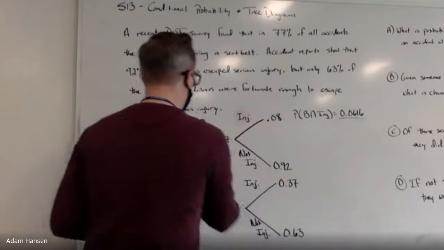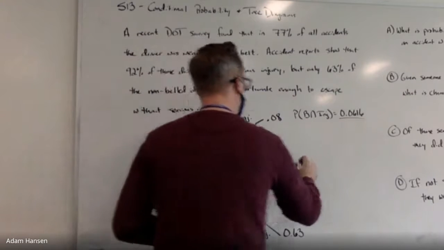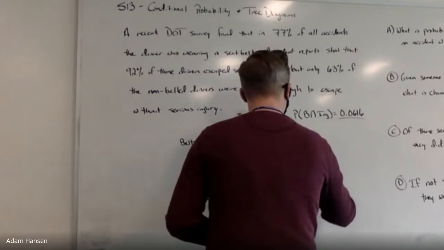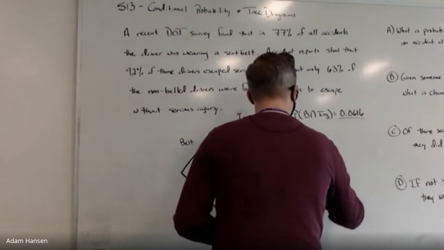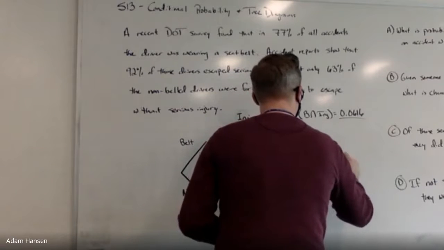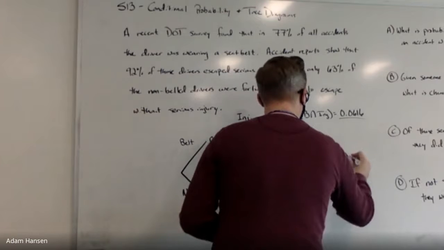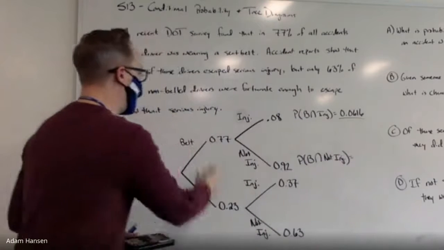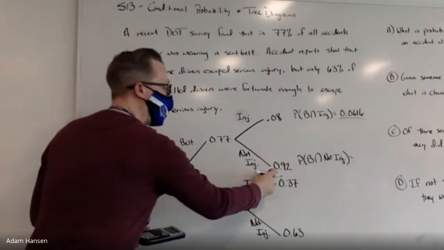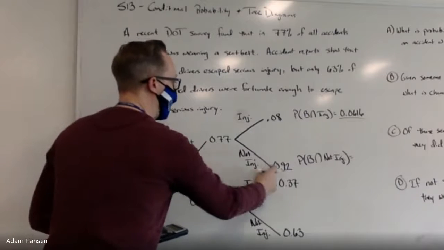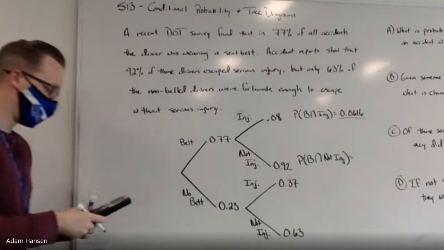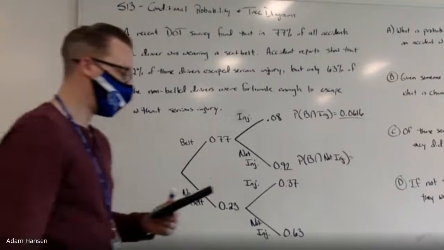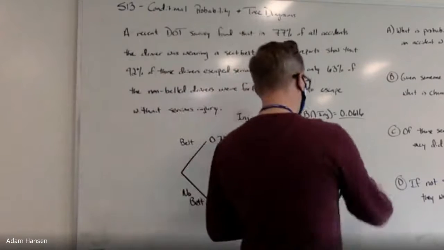Let's come down and get belted and not injured. So that's 77% times the other 92%. 0.77 times 0.92 is 0.7084.